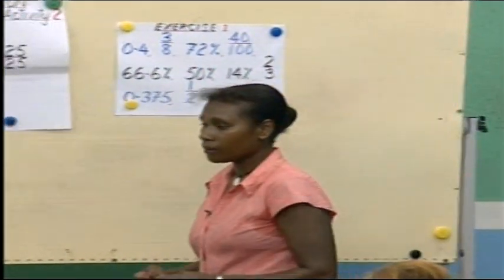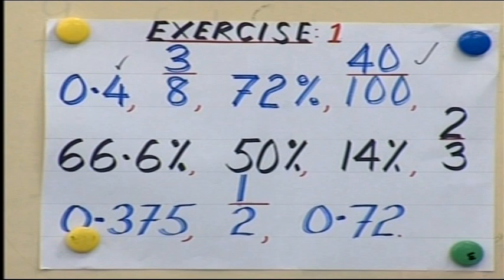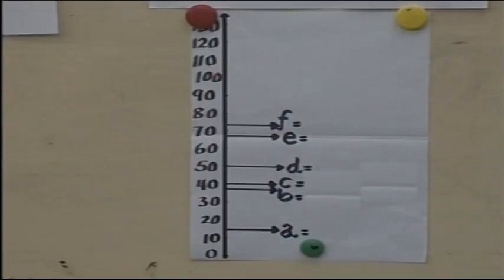0.4 now on your timeline. Where can that be located? Which of the letters? Quickly with your friends. Which letters? A, B, C, D, E, or F?